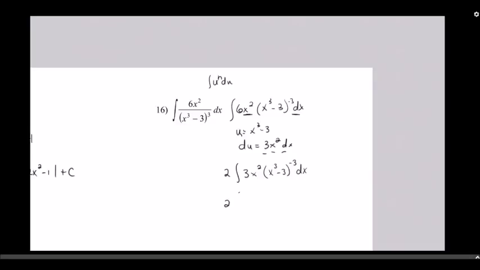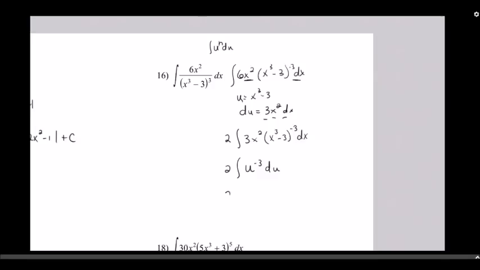So this is 2 times u to the negative third du, and if we apply the general power rule, the 2's would cancel, so we'd have negative u to the negative 2, or negative 1 over u squared.